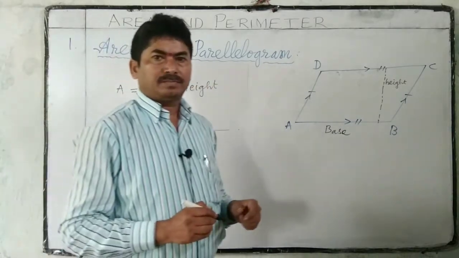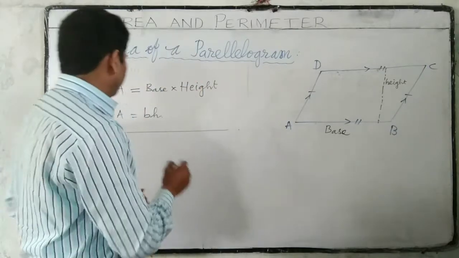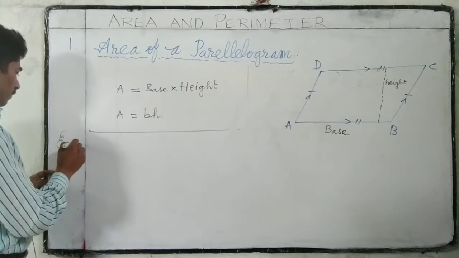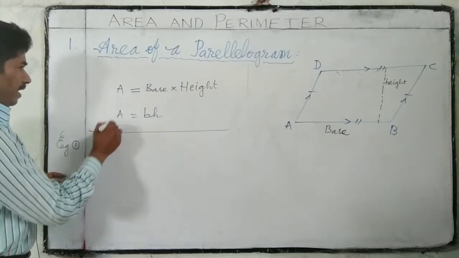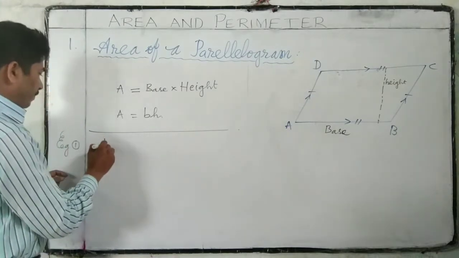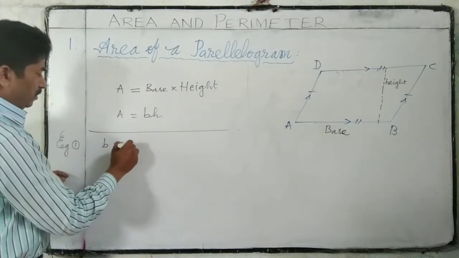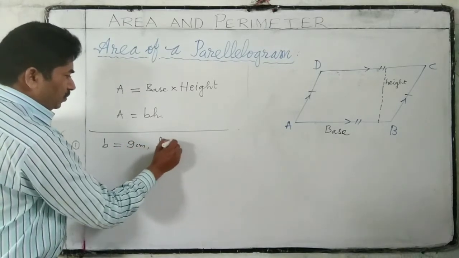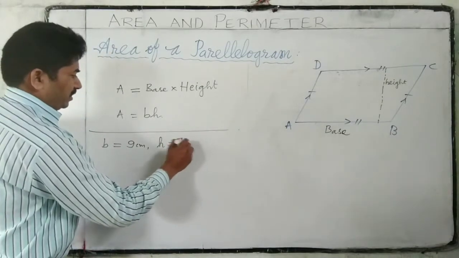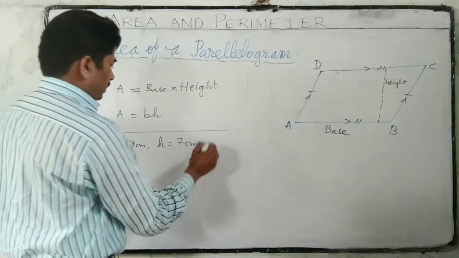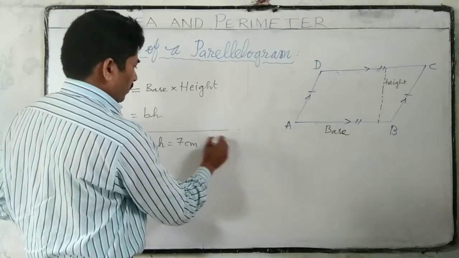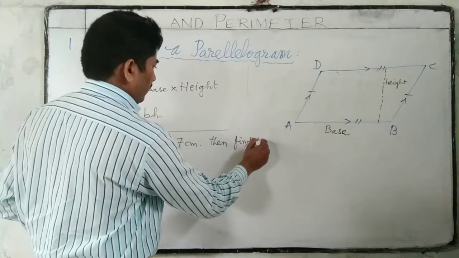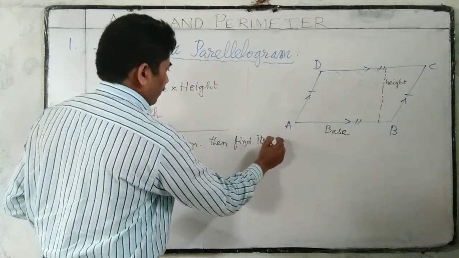To understand this, let us observe an example. The base of the parallelogram B is equal to 9 centimeters. Height is equal to 7 centimeters. Then find its area.